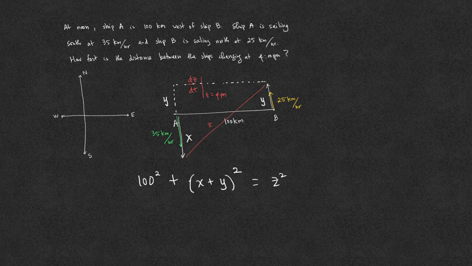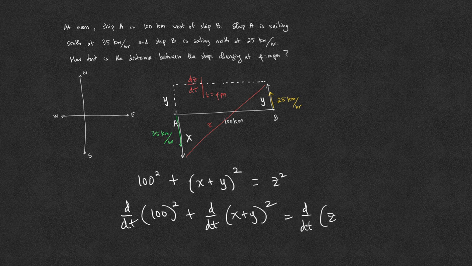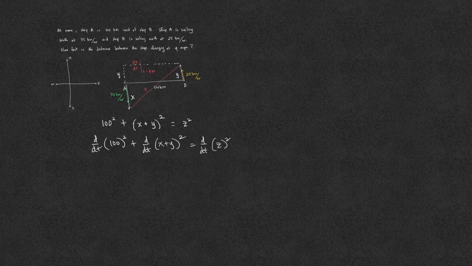Now we're looking for dz/dt, so we would differentiate both sides of the equation implicitly with respect to t. d/dt of 100 squared plus d/dt of (x plus y) squared and d/dt of z squared. The derivative of 100 squared is 0.